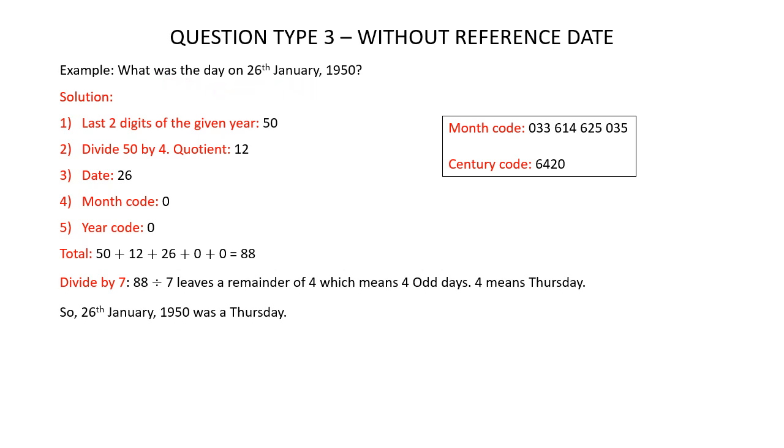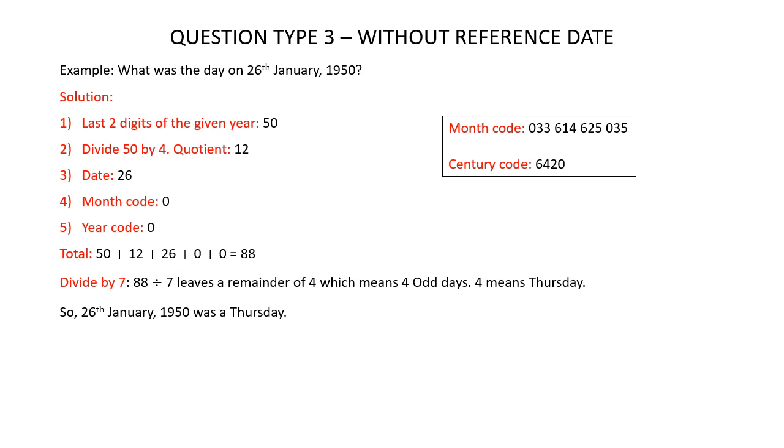Now, to solve this question using the shortcut technique, you have to remember the month code and the century code. So month code is 033-614-625-035 and century code is 6420.